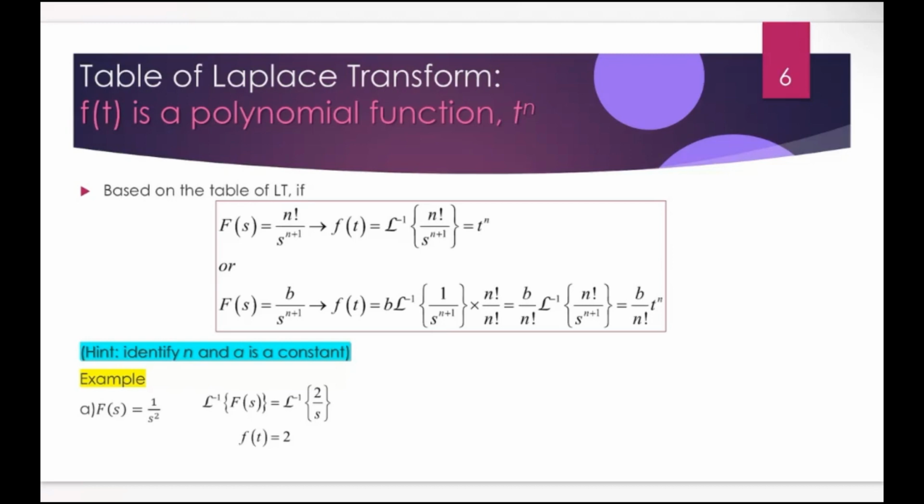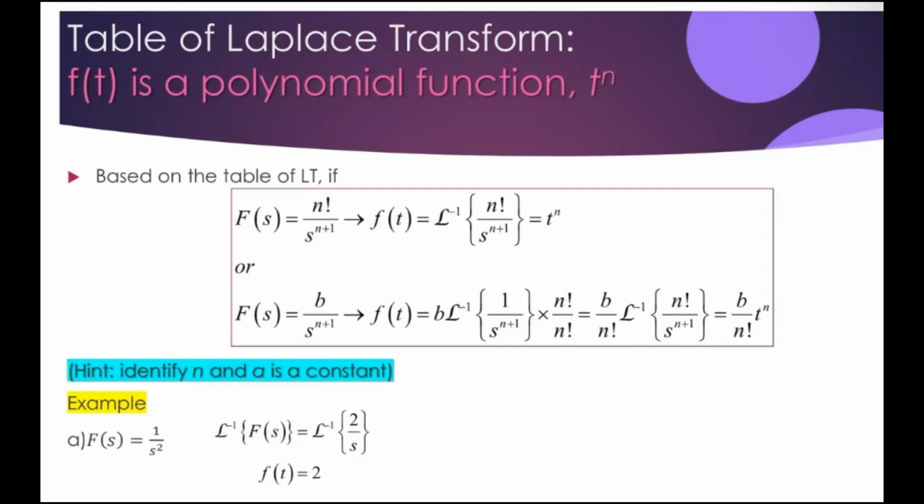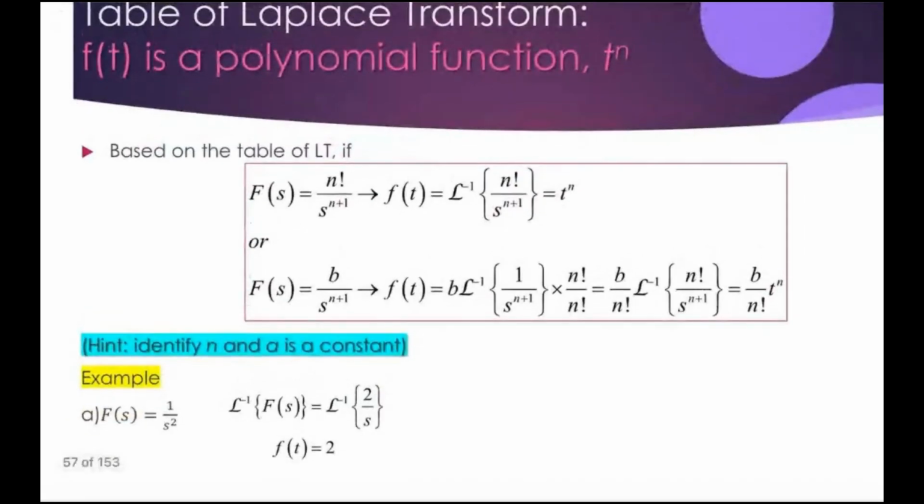Okay, based on the Laplace table, if we have a function n factorial over s to the power of n plus 1, the inverse Laplace transform is equal to t to the power of n. And if you have something multiplied as a numerator, you need to do some modification of this function. Let me explain this one. First, let's see this example, 1 over s squared.